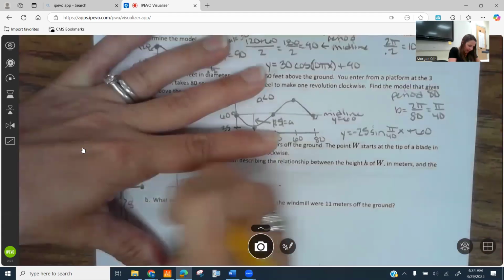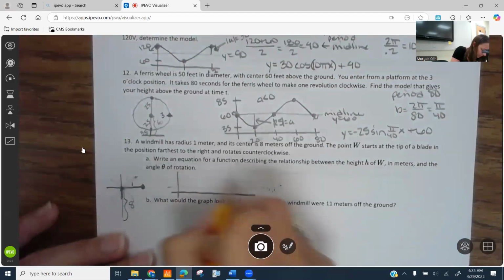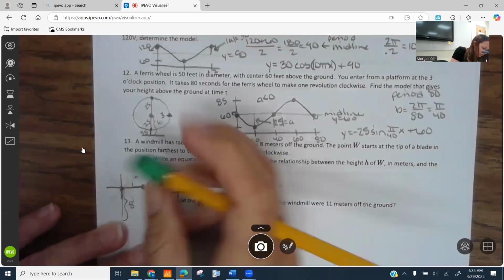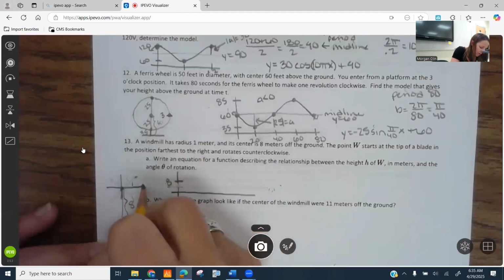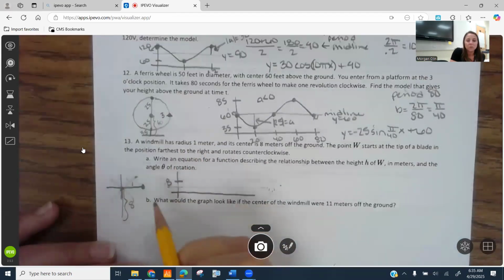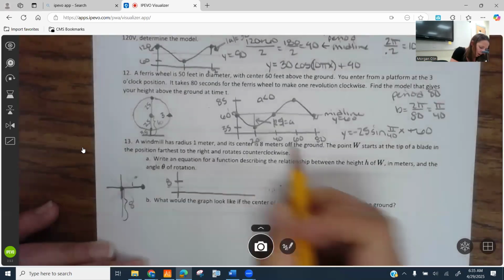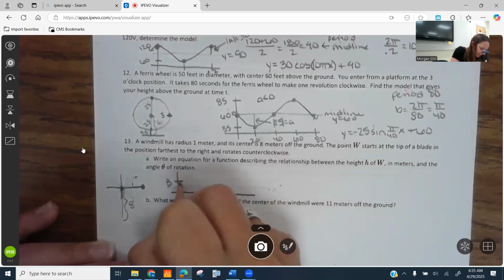It starts at 8 right here. We'll just say 8. And if you notice, the 8 is kind of in the middle, and it goes counterclockwise. So I'm going to go this way. All right. The center is 8 meters off the ground. So it starts at 8.